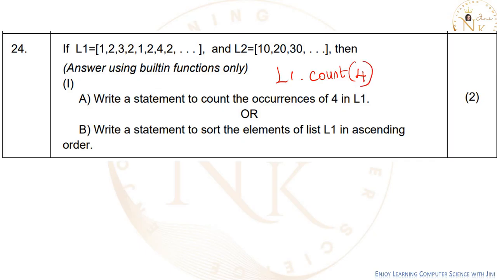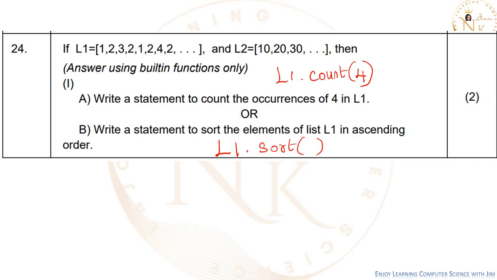The next one, OR part. So we have an option here. So A or B you have to write. Okay? So do not write both the questions' answers. B part, write a statement to sort the elements of list L1 in ascending order. So you can write L1 dot sort.